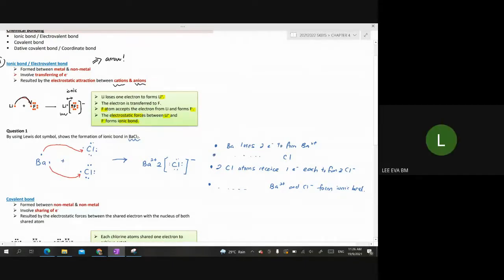Madam, for the barium atom, the Lewis structure, the 2 electrons need to be at the opposite side, right? Doesn't matter which side. For barium, I can either put it this way, or I can put it opposite side, or I can put it this way, or maybe I want to put it this way.